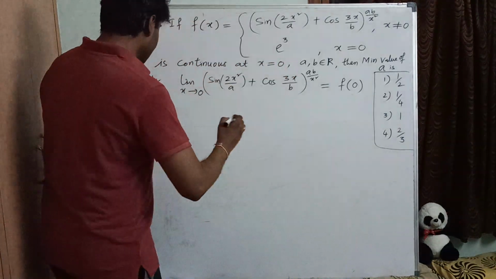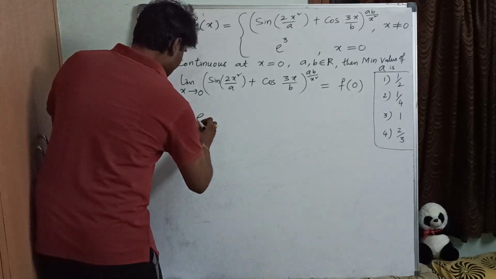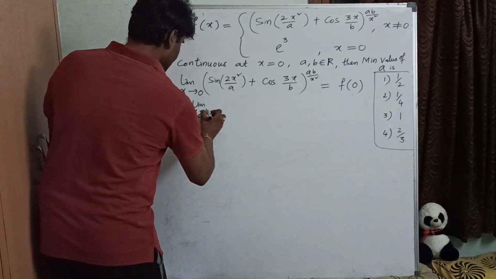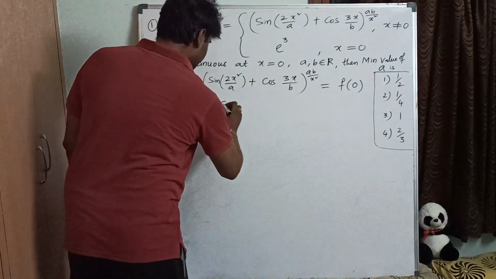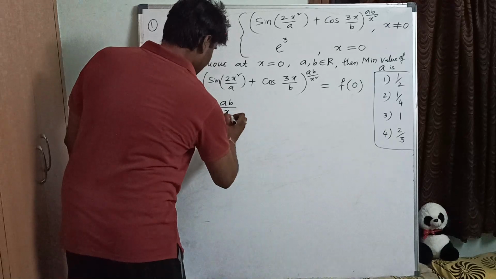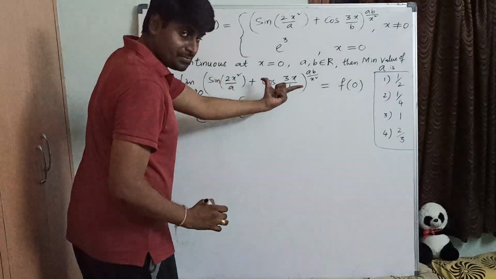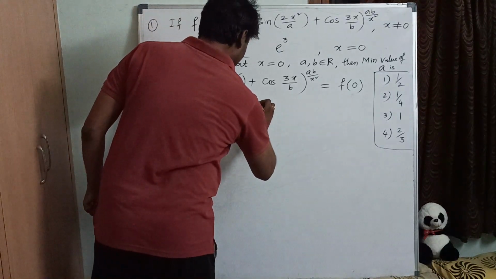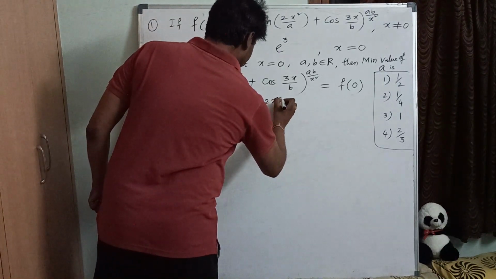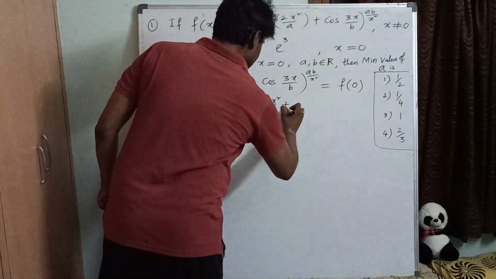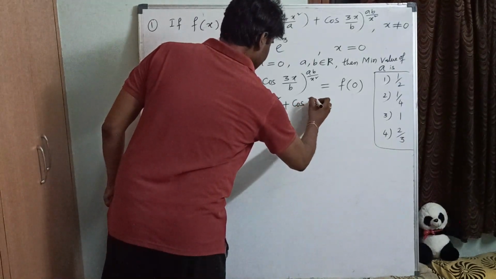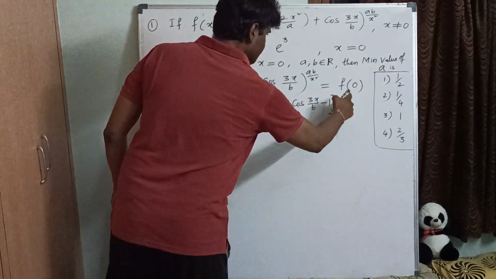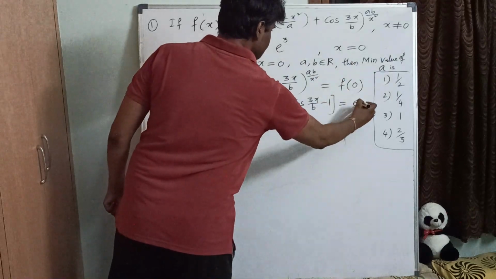How to write? e power limit x tends to 0, power into, what is power? ab by x square, into base minus 1. The bracket term minus 1. So sine of 2x square by a plus cos of 3x by b minus 1 equals f of 0, means function value e cube.